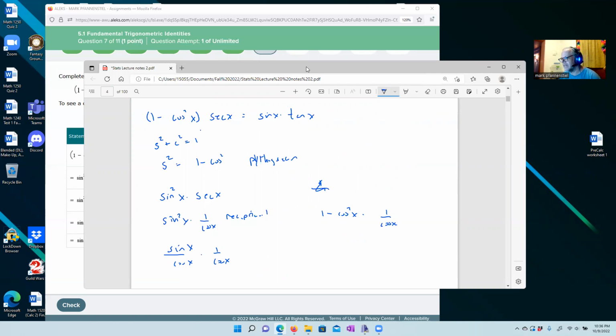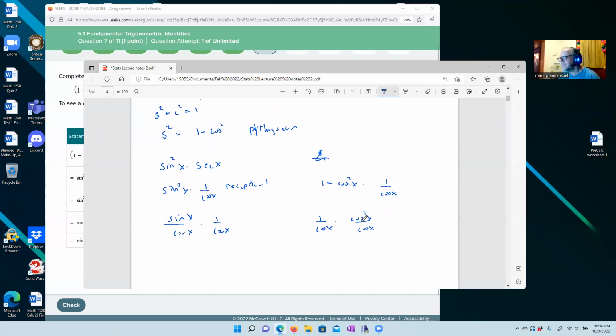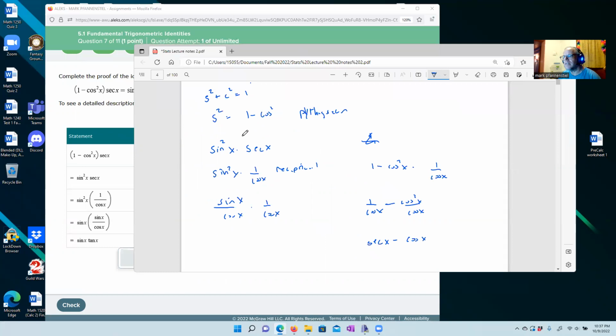That's a reciprocal identity. So we've got 1 over cosine x times 1 minus cosine squared x, and all I did was multiply through that. So that's going to be secant x minus, how about, cosine x? Can we do that? Is that what we're looking for? Nope, still don't like it.